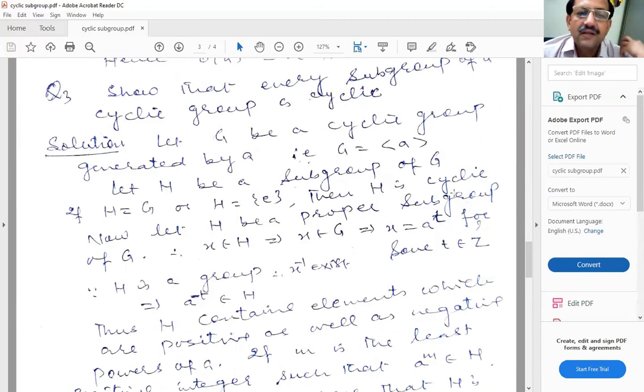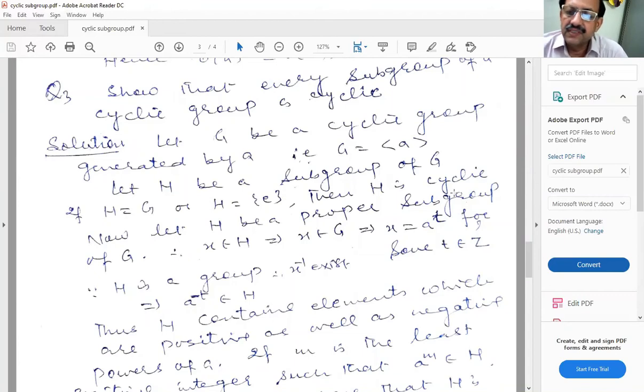Now we call let H be a subgroup of G. इसका मान है H को भी वही प्रॉपर्टीज मिल रही हैं जो आप G को दे रहे हैं. Every element of G can be written as A raised to power n. Now every element of H can be written as A raised to power n.